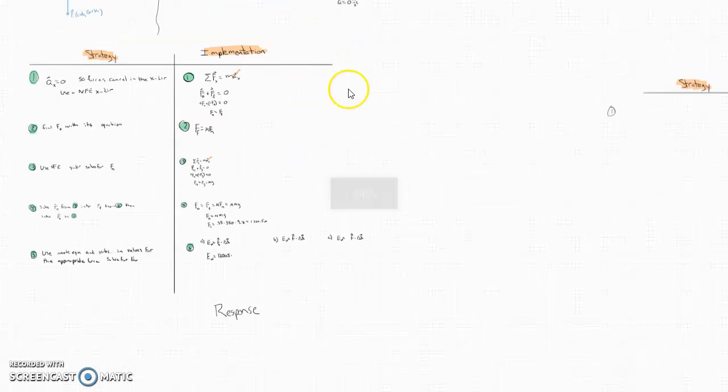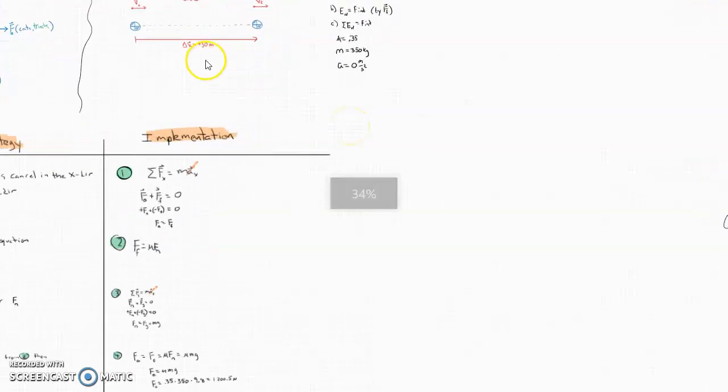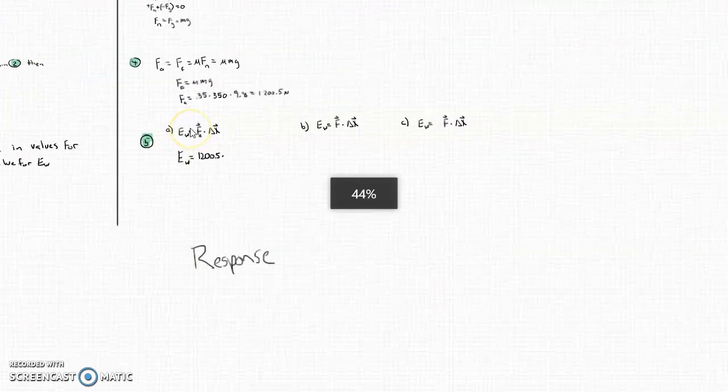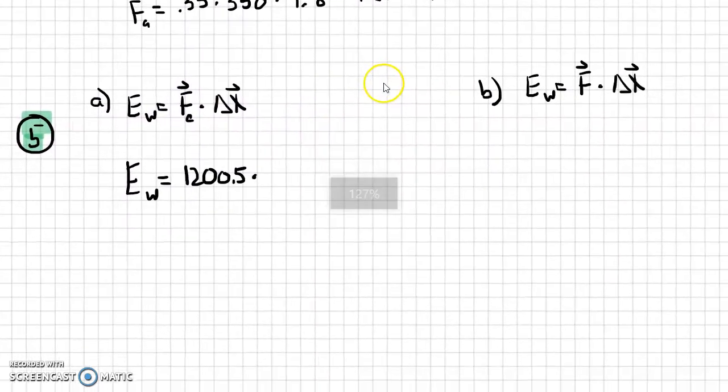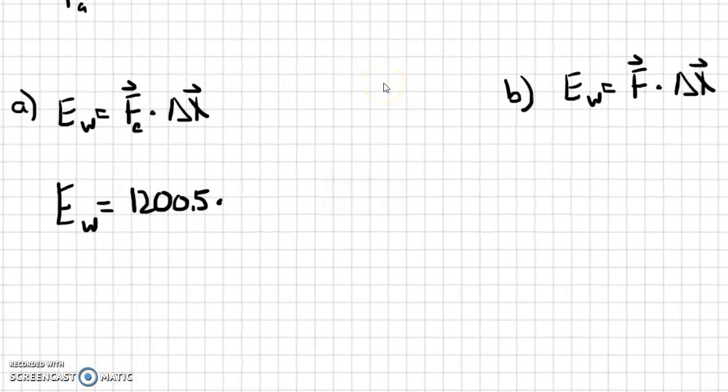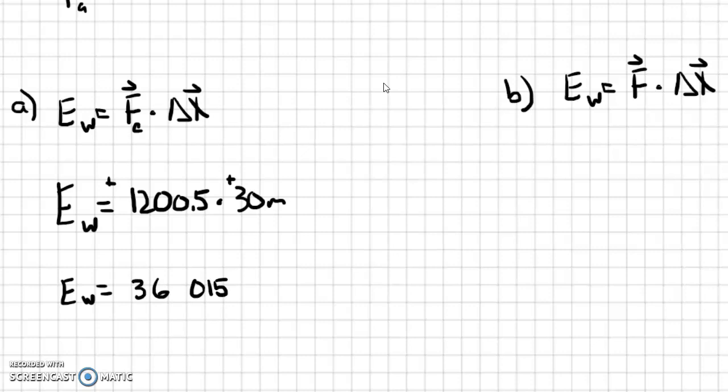Displacement looks like a positive 30 meters. So 30 meters, this is a positive, and this is a positive. When you do the math, you end up with 36,015 joules.